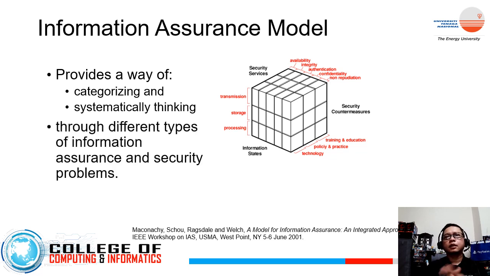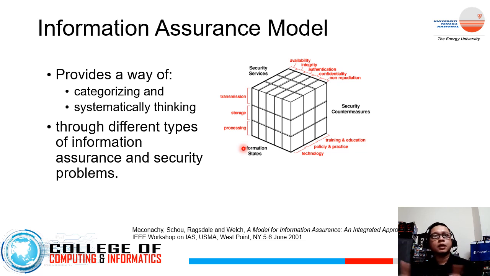So basically, you need to see both the IA and security problems through different sides of the services and also the solution. So you see that here we have the information state. When your users are entering, for example, the information, what is the state of the information? Is it raw data?